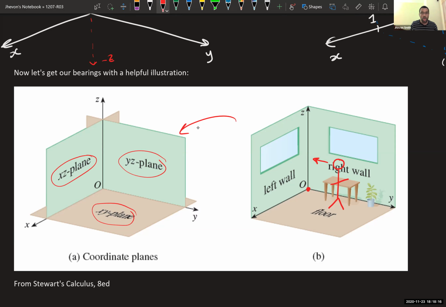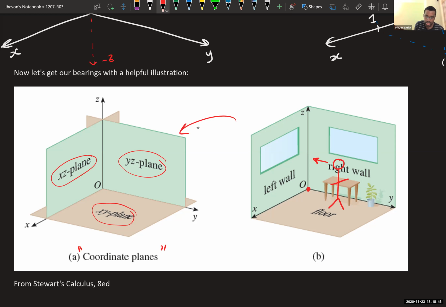So the xz plane, the yz plane, and the xy plane are called coordinate planes, just the same way you can call the x-axis and y-axis the coordinate axes, right? They all have equations that pretty much say the other variable is 0. Just like the x-axis is the equation y equals 0, and the y-axis is the equation x equals 0, these are also like that.